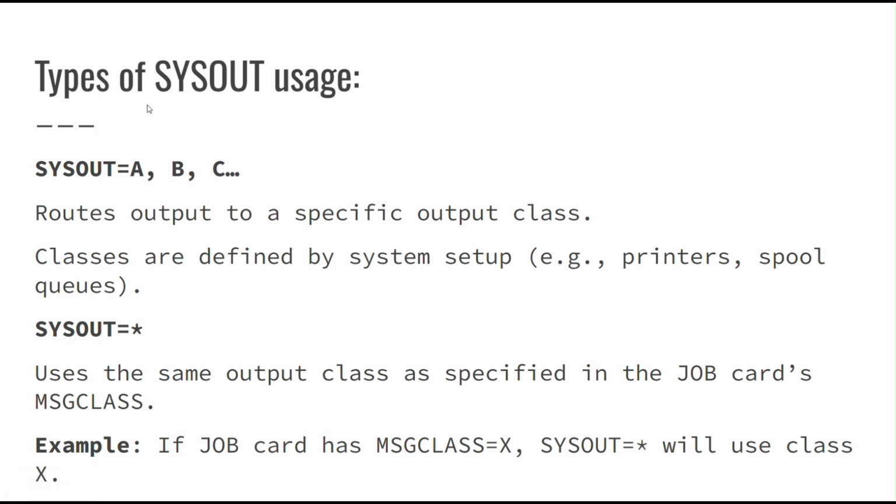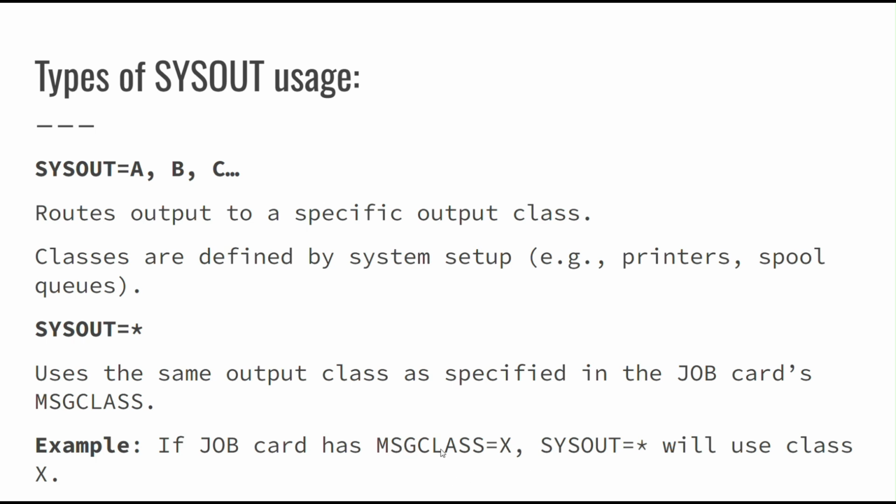Now let's see the types of SYSOUT usage. Here SYSOUT equals, we can have A to Z based on our needs. And if we have SYSOUT equals star, it means use the same output class as specified in the job card. For example, if in the job card we used message class as X, the same will be applicable for this JCL also.